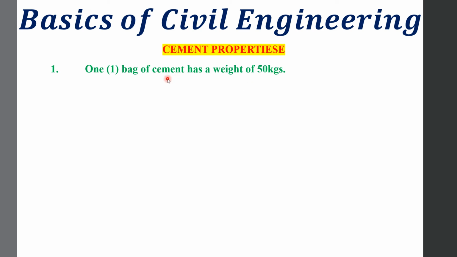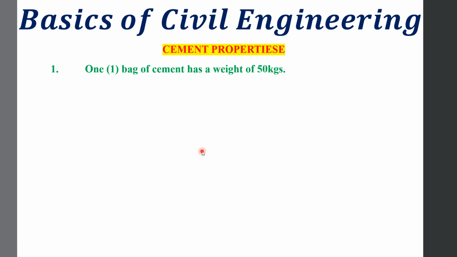In some countries, the normal weight or available weight of one cement bag is 40 kgs. In some countries, that is 30 kgs. In some countries, that may be 25, 20, 10, or even there are some countries in which 1 kg bags of cement are also available. So normally, as I am in Pakistan, here in Pakistan or in Asia mostly, the weight of one bag of cement is 50 kgs.